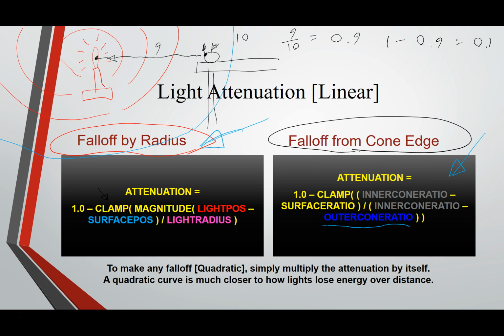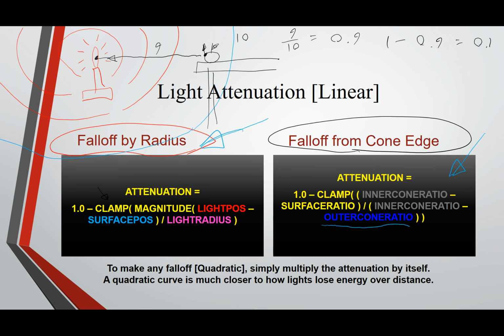You just want to use a very small value because you're dealing in dot products, a small change like 0.1, 0.01, 0.5, 0.05, something like that, to have the cone edge be soft. That being said, you could play with the size of the cone if you wanted a really soft, diffuse cone that really didn't have a hard edge at all. So that's the nice thing with this, is you can play with the inner and outer cones.